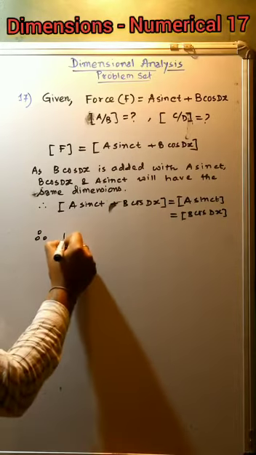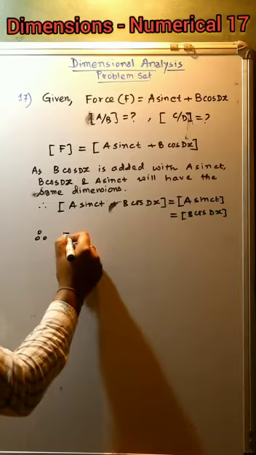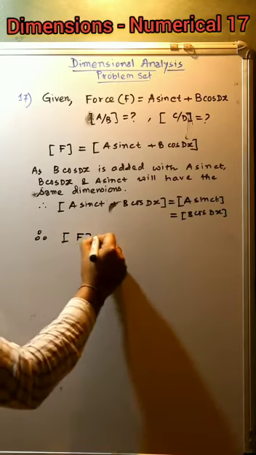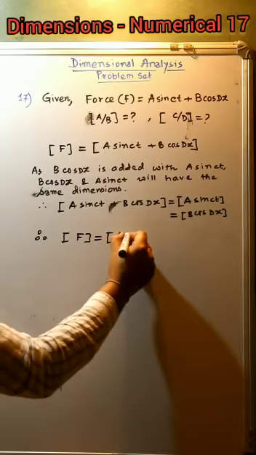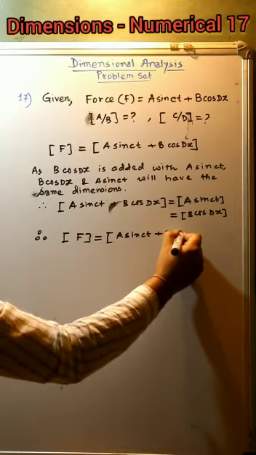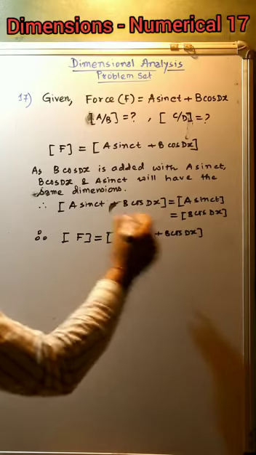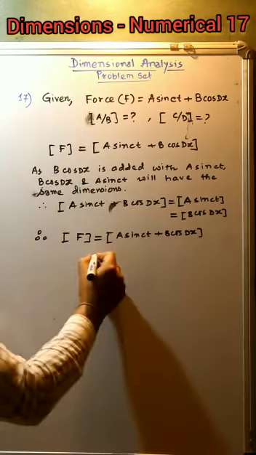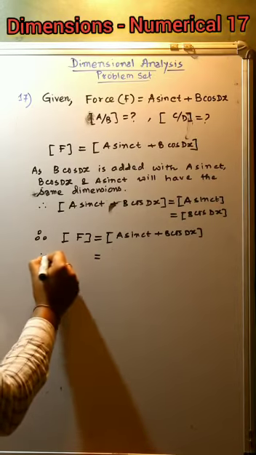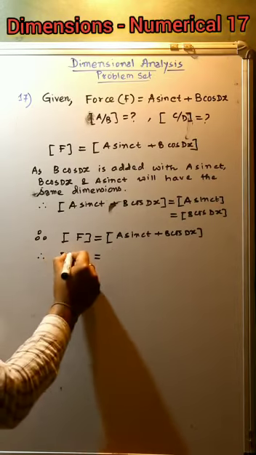Therefore, if we find the dimension of force, that will be equivalent to A sin ct plus B cos dx. So we can say dimension of force is equivalent to dimension of A sin ct.